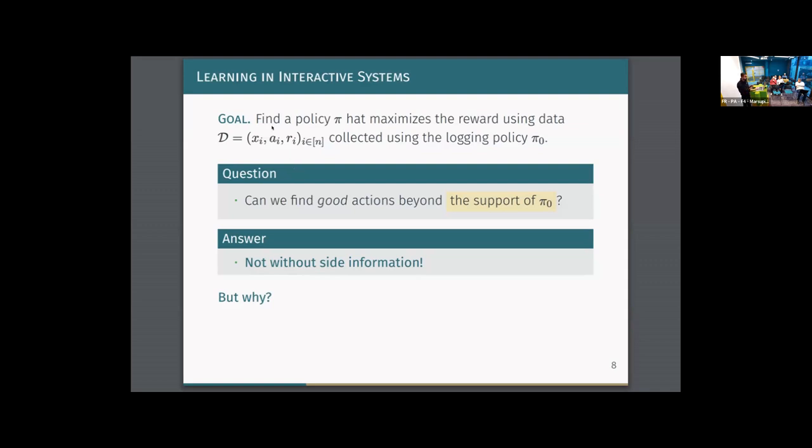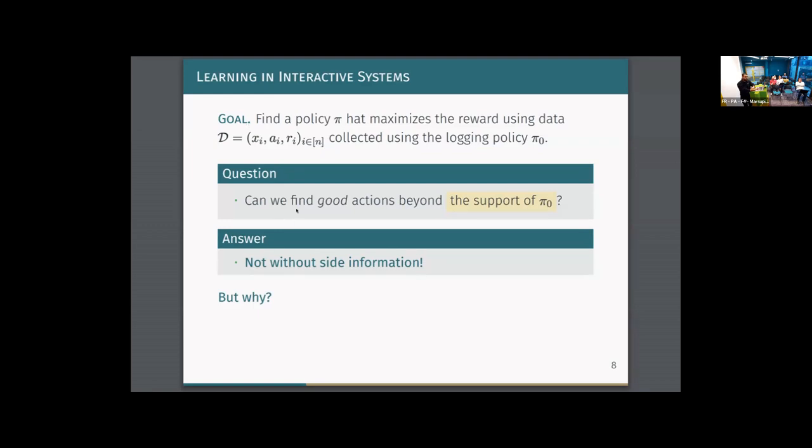We can't go beyond the actions that we observe in logged data, unless we have some side information that tells us this product is similar to that product. You have this iPhone 15 in your data set, and we know it's good, but the side information is that iPhone 16 is actually very close to iPhone 15, and it might be a good idea to explore that area as well. Sorry for spoiling the answer, but I will explain why.